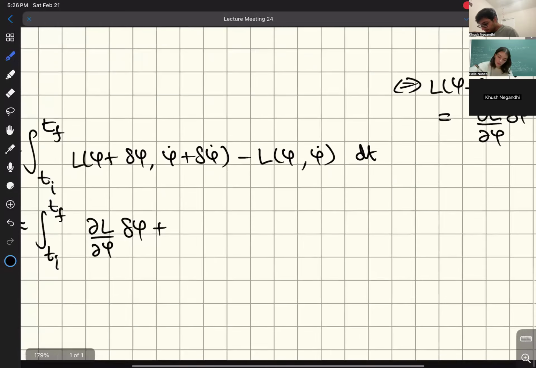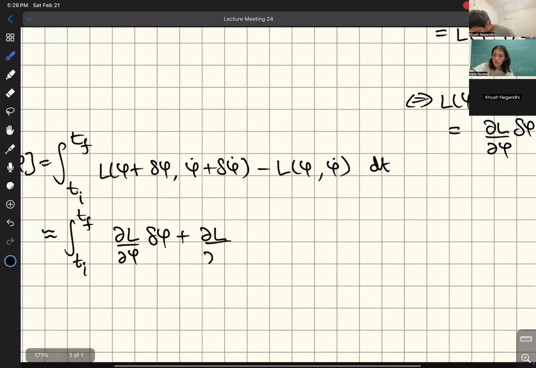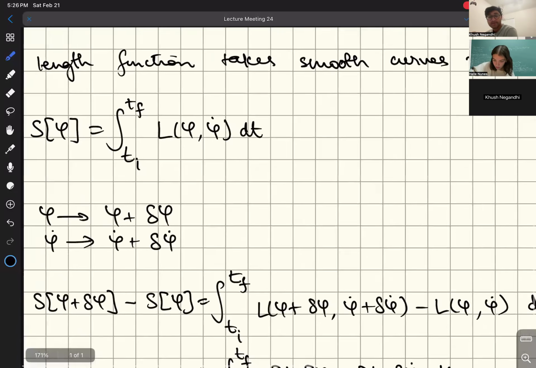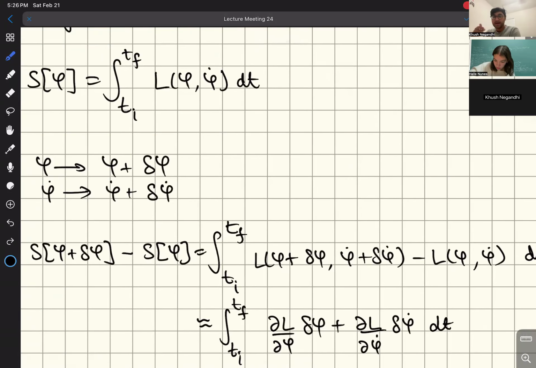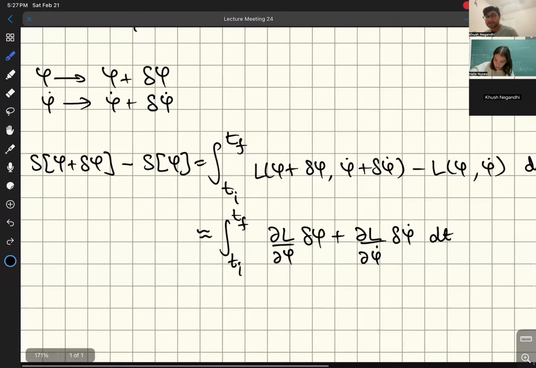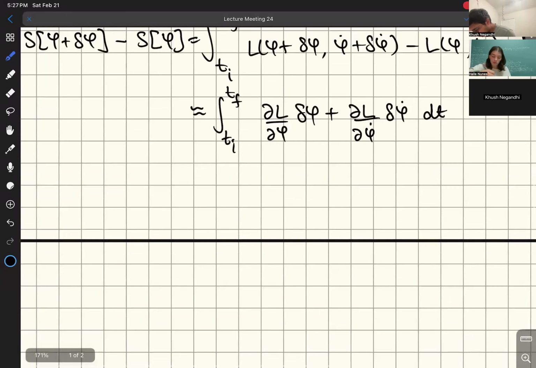So what this says now is that we get this dt. But the way the variation was defined tells you clearly that the variation of phi dot is the same thing as the derivative of the variation of phi, right? This is built into the definition of the variation of phi dot. So what this is saying is that we have something like this.